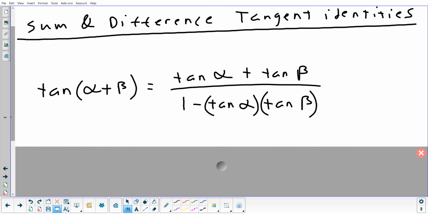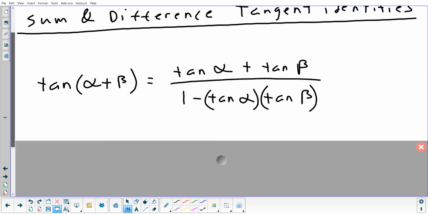Are the sum and difference exactly the same? Well, you could probably guess what the difference is based on looking at this one. It's just the signs change, so that the numerator becomes a minus and the denominator becomes a plus. The sine and cosine sum identities, those I can remember. But the tangent sum and difference, I usually look them up if I need them.